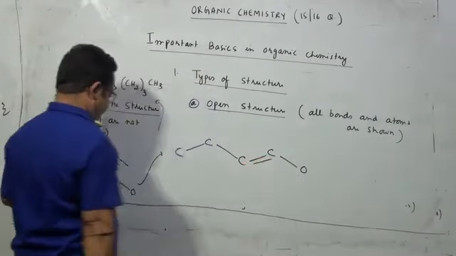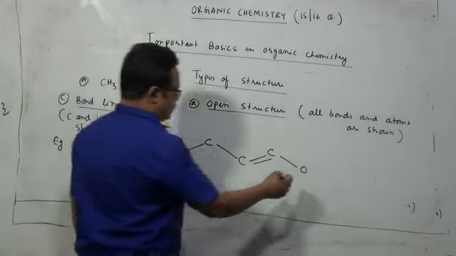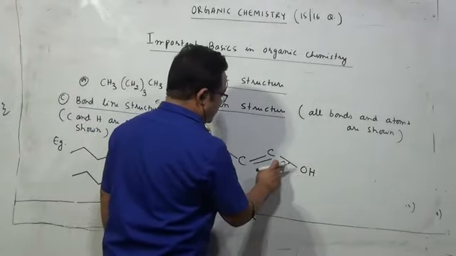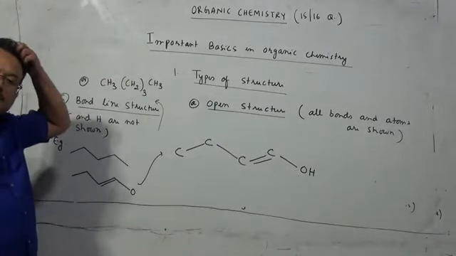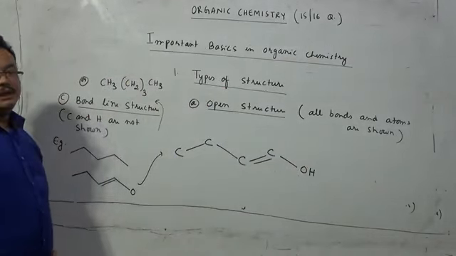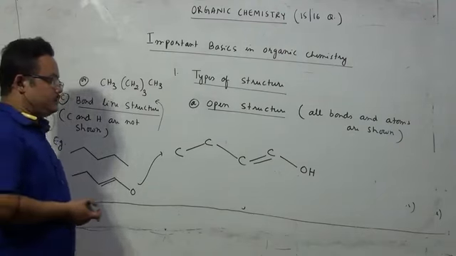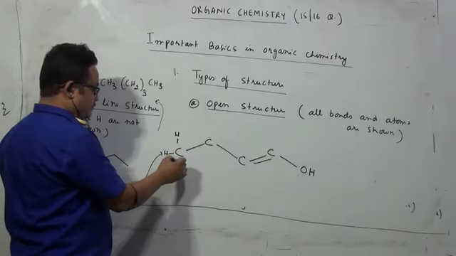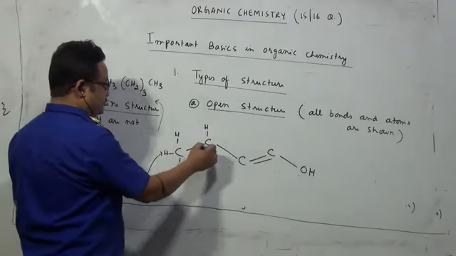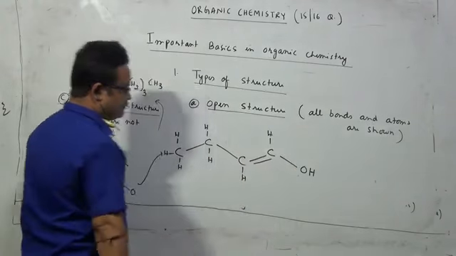O has a hydrogen because it is a single-bond O, and this is an alcohol group. Carbon should be tetravalent, attached to 4 bonds, so we have to put 3 hydrogens like this here. Here 1 hydrogen, 1 hydrogen.